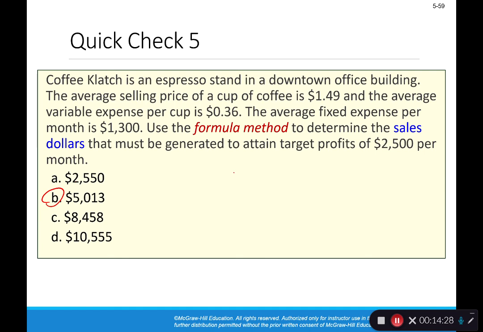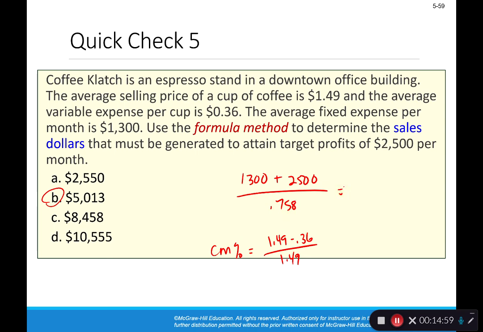Alrighty, you should have taken your fixed cost of $1,300, added your target profit of $2,500, and then divided by your CM ratio. Remember, the CM percentage we previously calculated is $1.49 minus the 36 cents divided by the $1.49, which gives me 0.758.